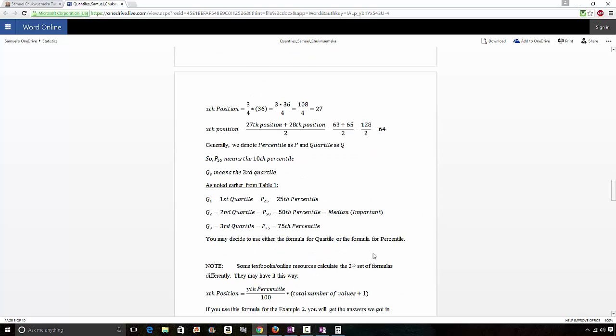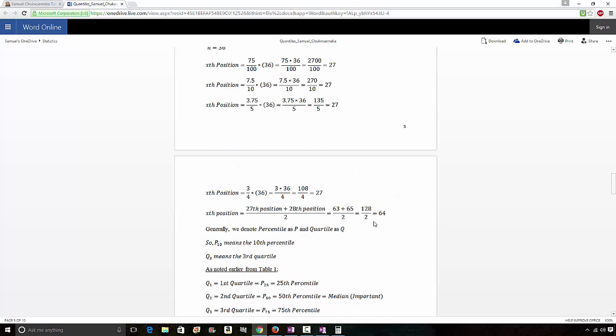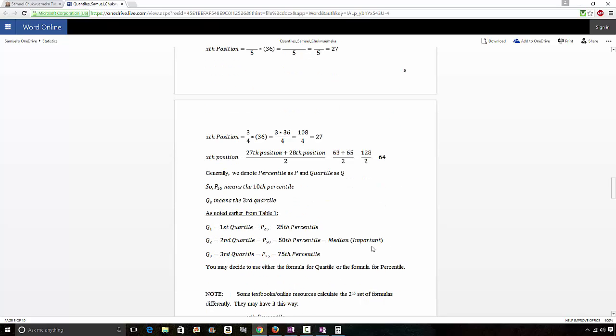The median is always the 50th percentile, and for the median we always have a set particular way of finding it. If the data set is even, it has to be the mean of two numbers. If the data set is odd, you just have one number as the median.